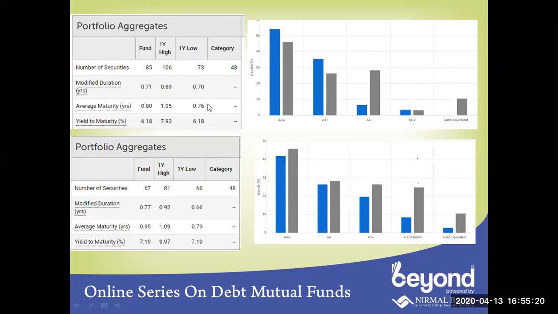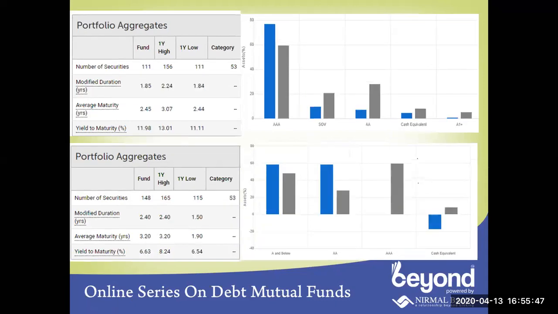Unless you go in depth and understand what kind of portfolio the fund you are suggesting is holding, it can be a little risky for you. This is just an example: you get 100 bips higher return in the second portfolio just because you are taking higher risk at the same time.